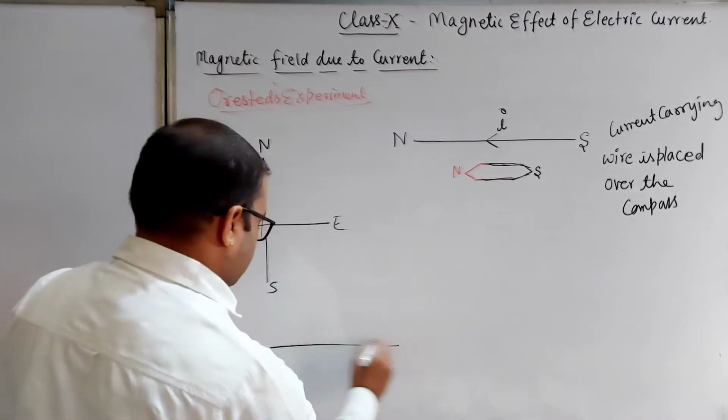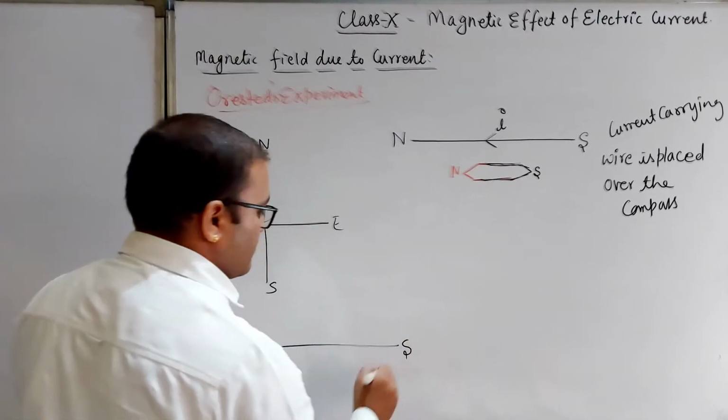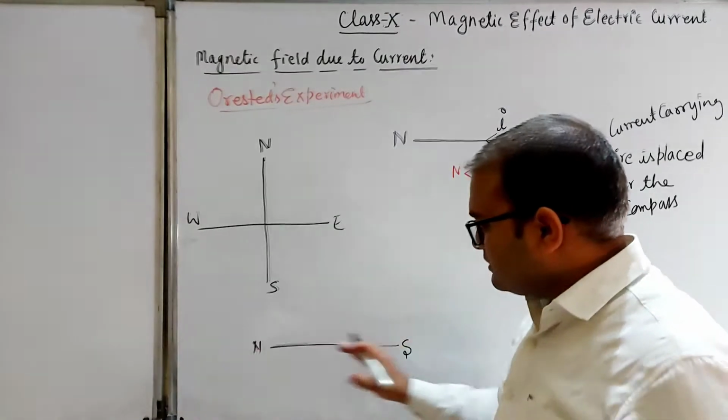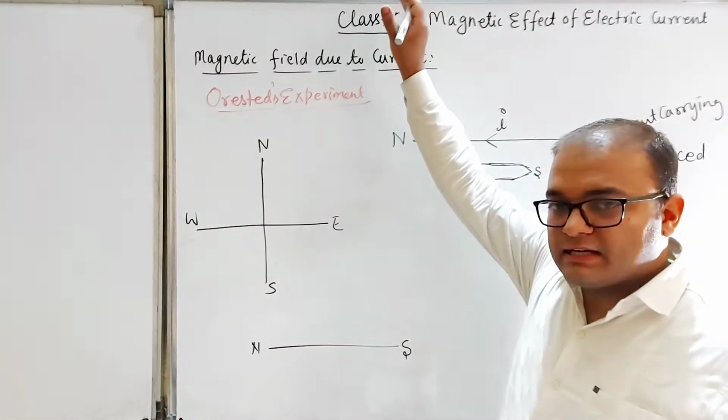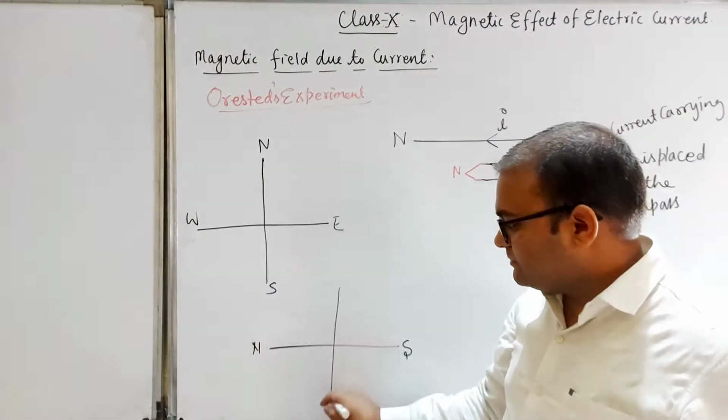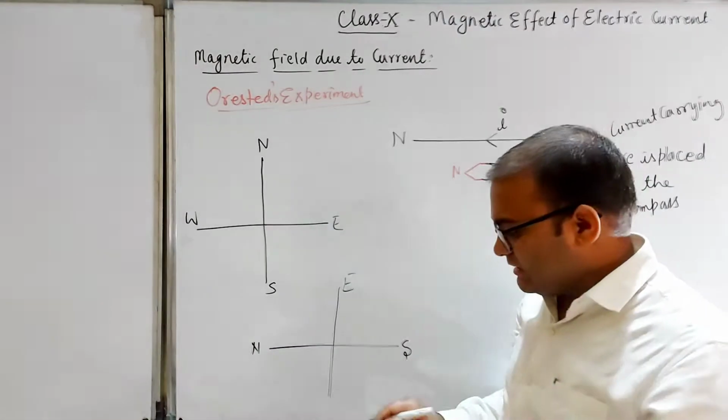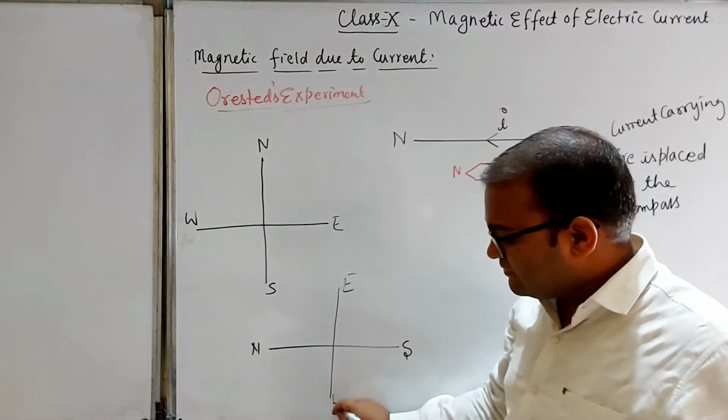North will come here. Suppose this is north and this is south, then the right hand direction is east, and the left hand is west.